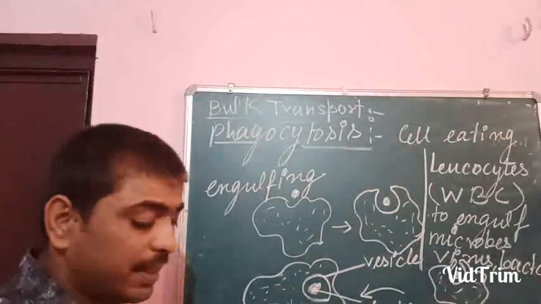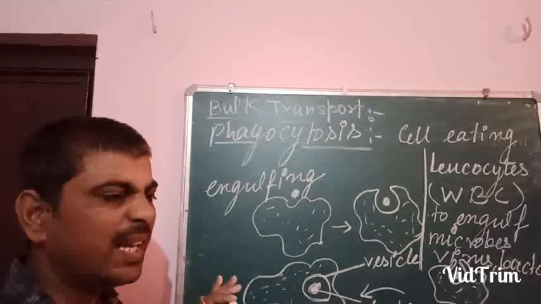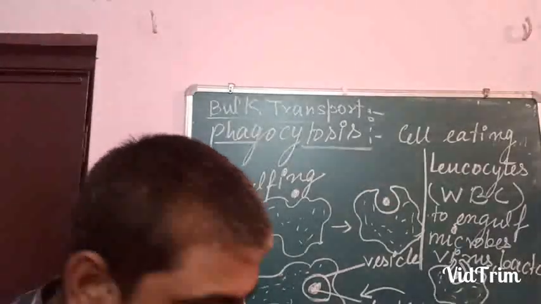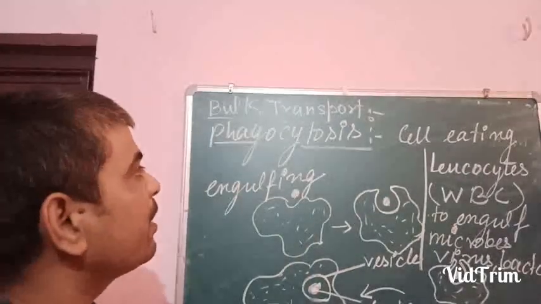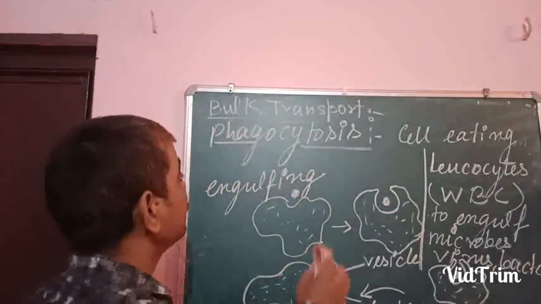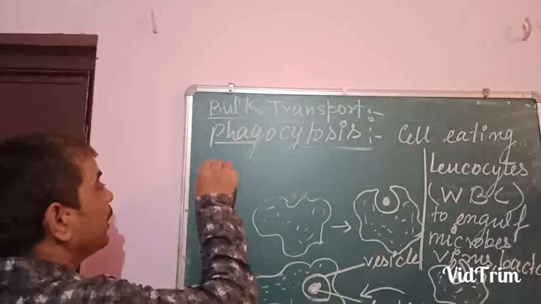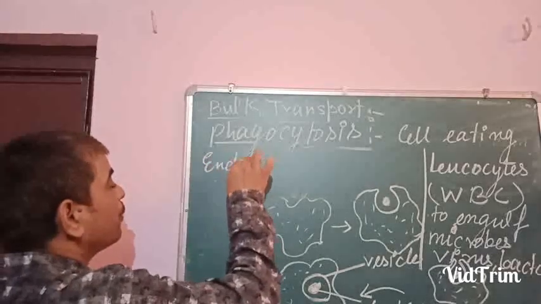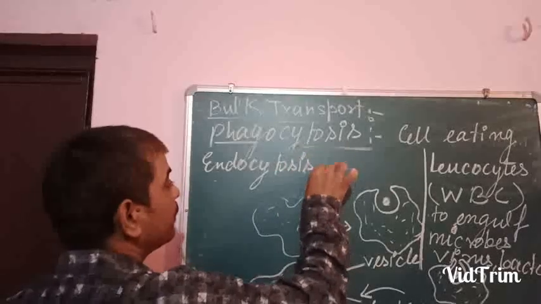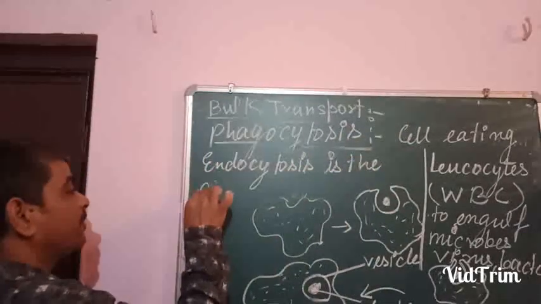One thing is important here: endocytosis, meaning pinocytosis and phagocytosis, both are properties of animals only. I will write here: endocytosis is the property of the animal cell.